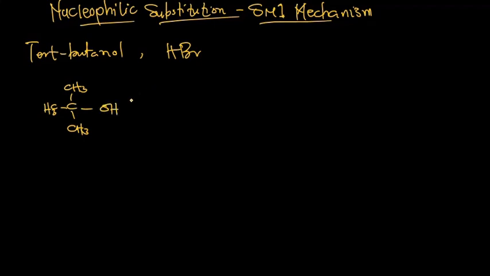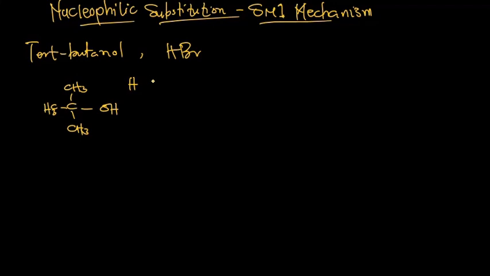So this is a tertiary alcohol. Now in this reaction, we want to replace the hydroxyl group of the alcohol with a bromide. So in order to perform this reaction, the first thing we need to do is to convert the hydroxyl into a good leaving group. And how are we going to do that?